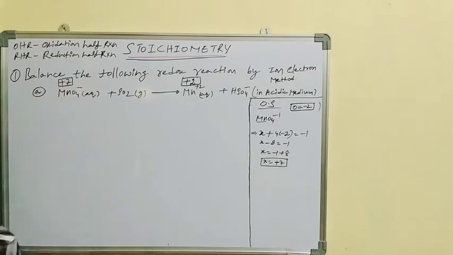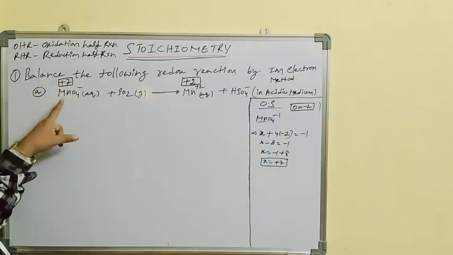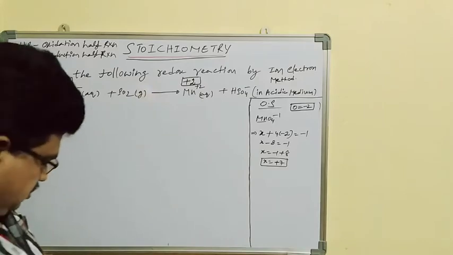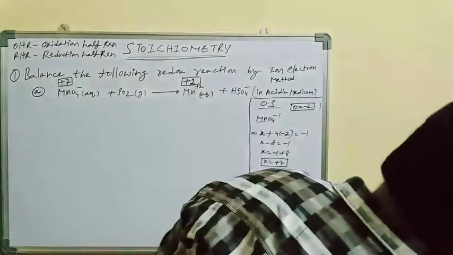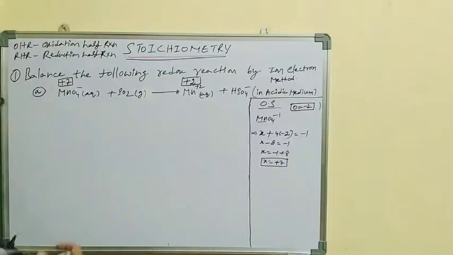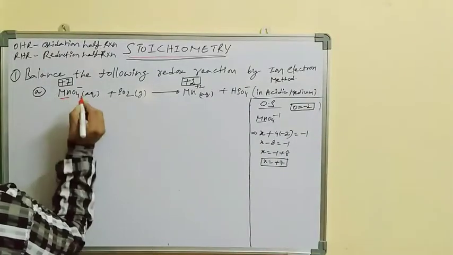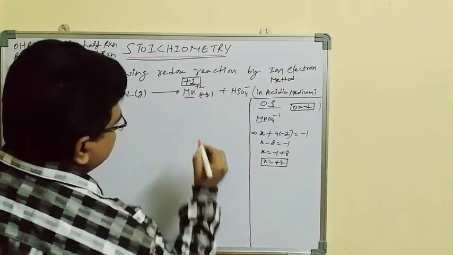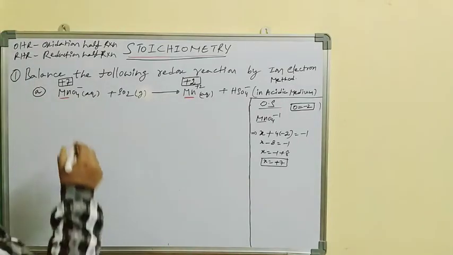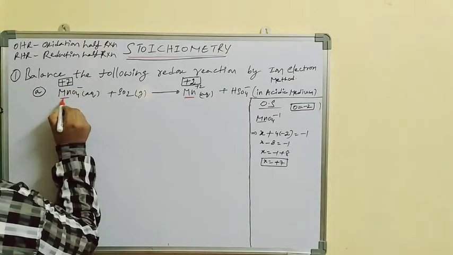I am writing here: +7 manganese oxidation state on the reactant side, and +2 on the product side. So the oxidation number goes from +7 to +2.